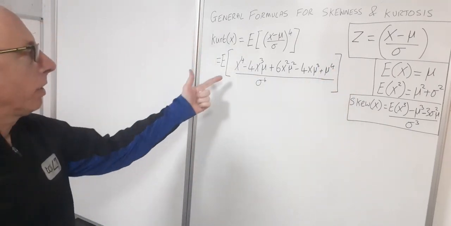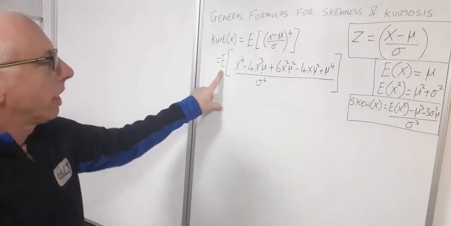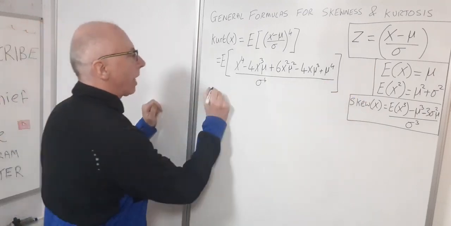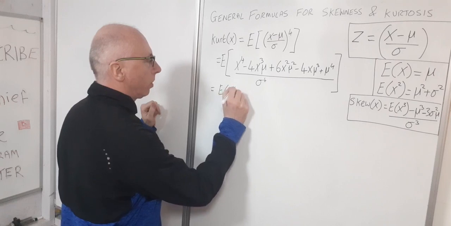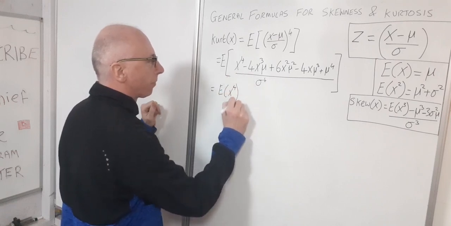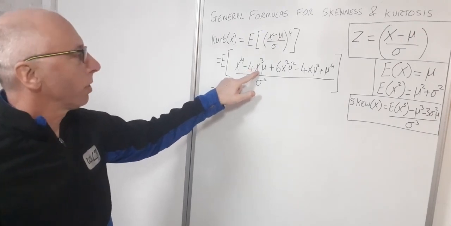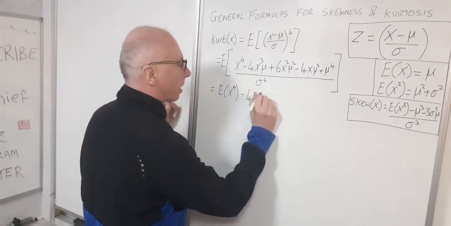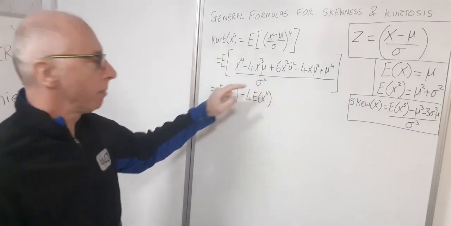Okay, so now let's use linearity of expectation like we did in the last one to simplify. So now we've got expectation of x to the 4. That's this one. Okay, this time we've got minus 4 times expectation of x cubed multiplied by mu.